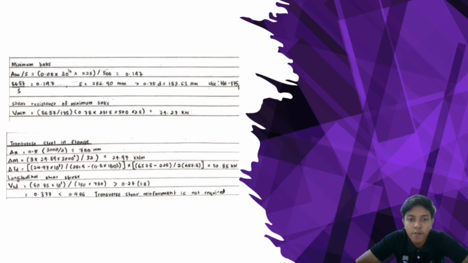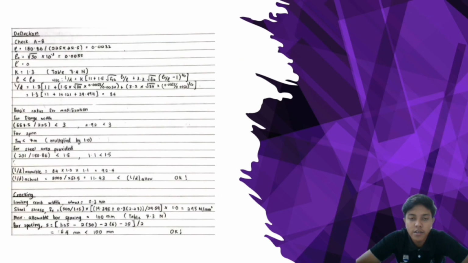And then for shear reinforcement, we got the shear minimum of links as 79.27 kN, and the longitudinal shear stress is 0.377. Next, for the deflection, we got the actual deflection 11.93, which is less than the allowable deflection.